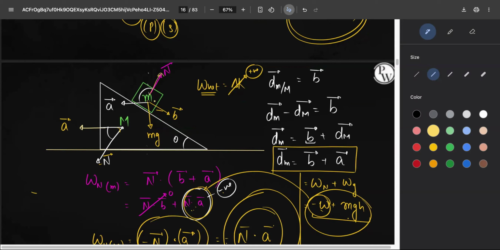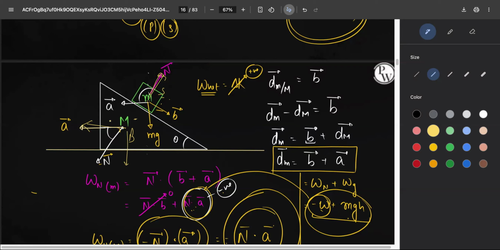So what will happen? Ideally this can be resolved in two ways. Let's say bigger block and smaller block. The bigger block is going to apply N on the smaller block, and the smaller block is going to apply N on this in the downside direction. If you resolve it, N has one component and some downside component.